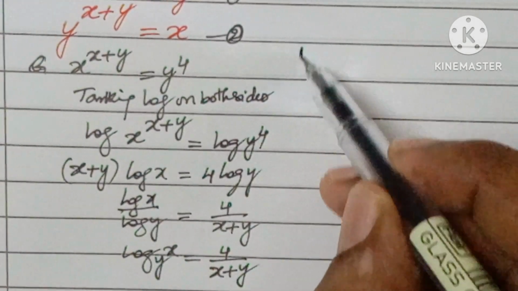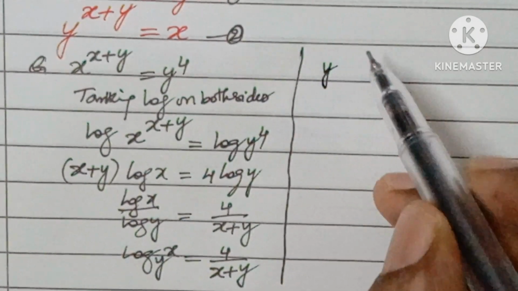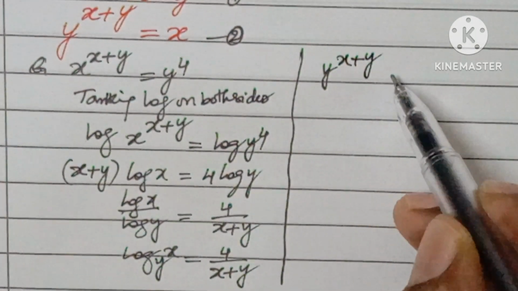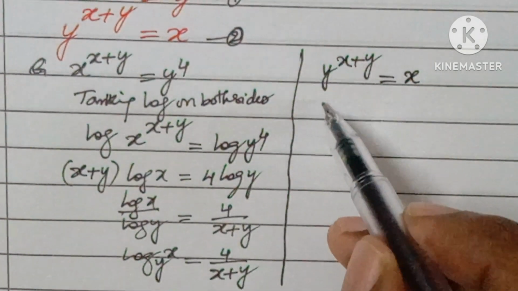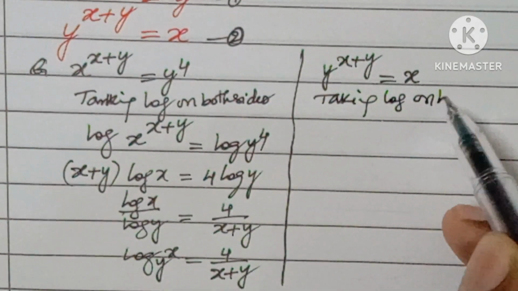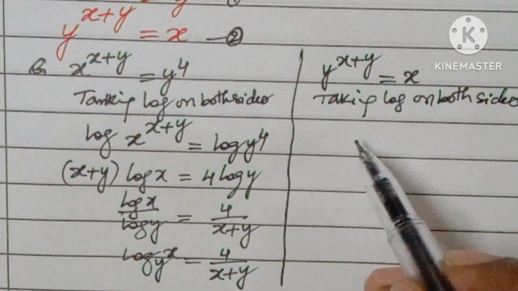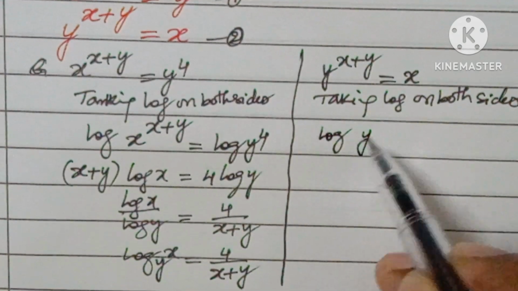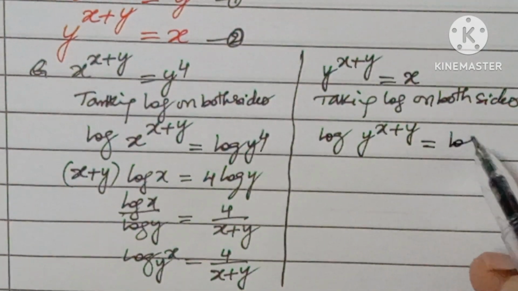Now if you take the second equation, y to the power of x plus y is equal to x, here also taking log on both sides, log of y to the power of x plus y is equal to log x.